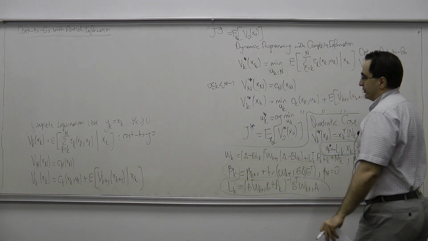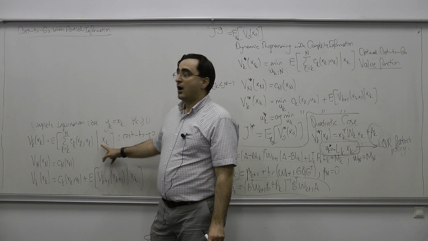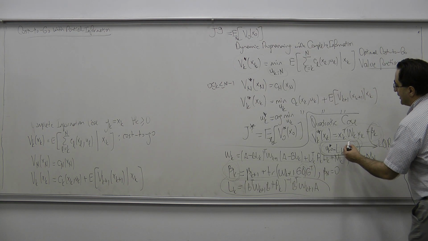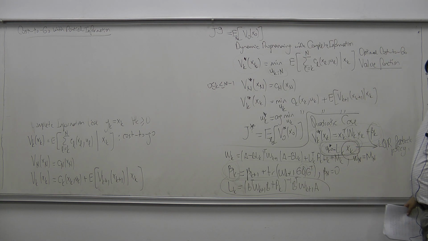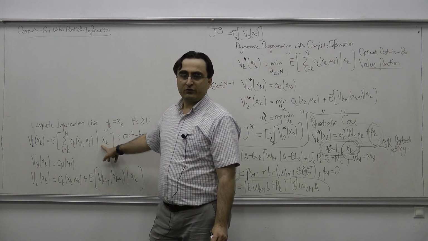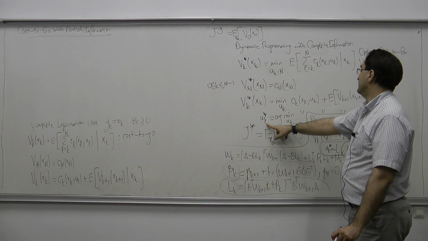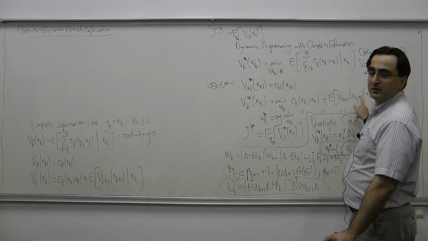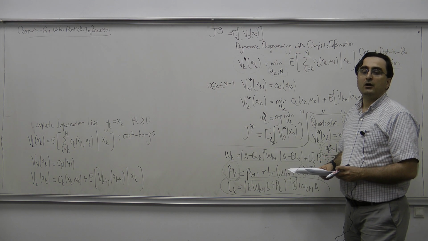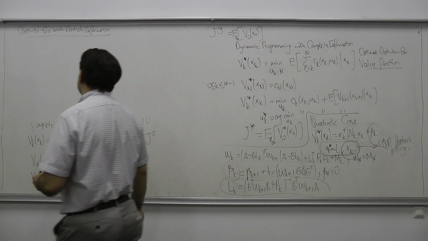So as I told you, here, whatever is in the conditioning, our control law that we find at the end becomes a function of that condition. Okay? In the cost to go, whatever we put in the conditioning, the inputs that we find at the end of this minimization here become a function of that given condition. Okay? That actually gives us an idea to define some cost to go for the partial information case.